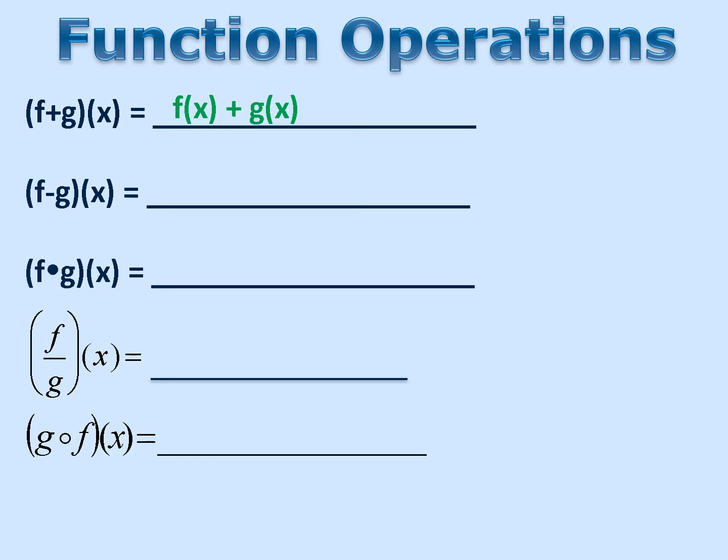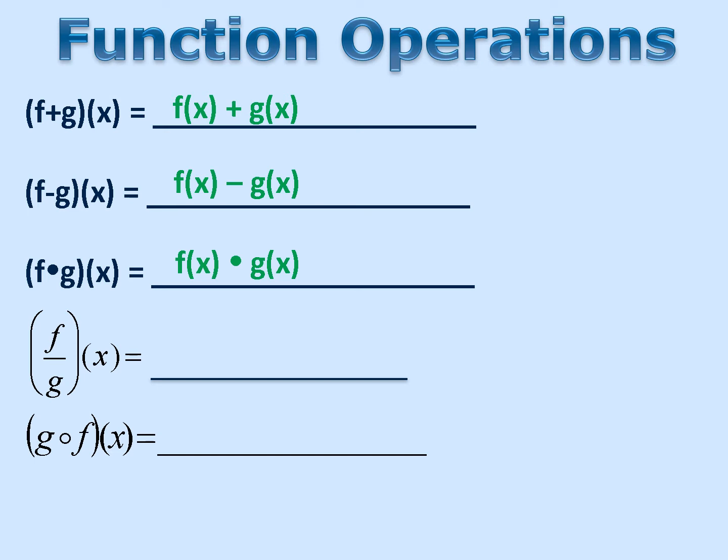Anytime you see f minus g of x, that means you're going to do f of x minus g of x. Also, when you see f closed circle g of x, the closed circle means to multiply. That means I'm going to take f of x and multiply it by g of x.